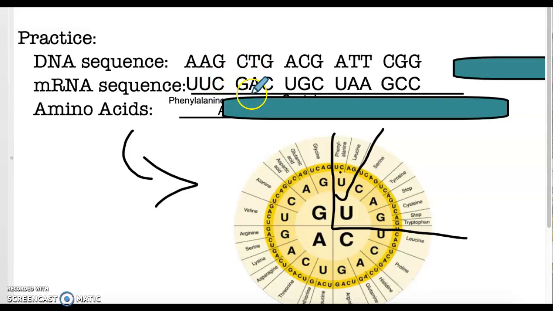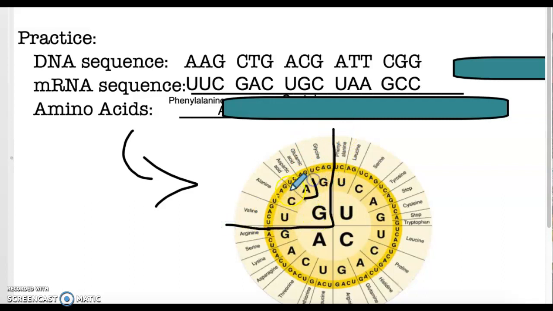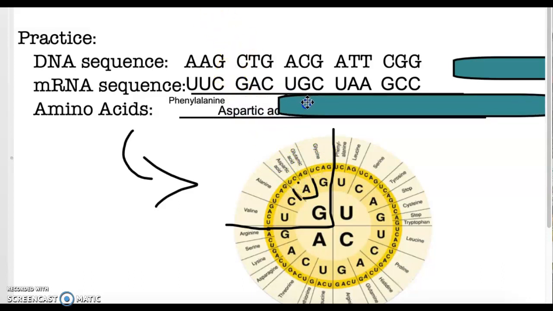All right, then GAC. Now G will be working with just this bracket, A, so now just this, and then C. So now it would be this amino acid, which is aspartic acid. All right, so UGC and UAA and GCC. Pause and see if you can do it with this type of genetic code setup.